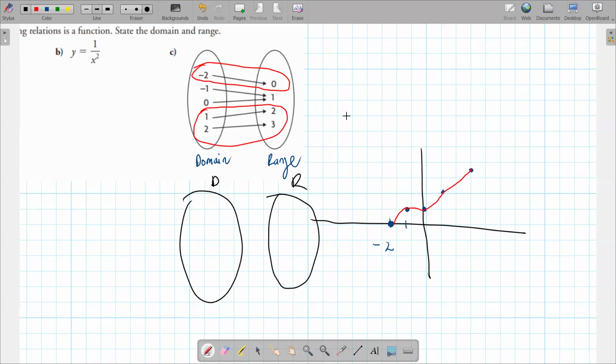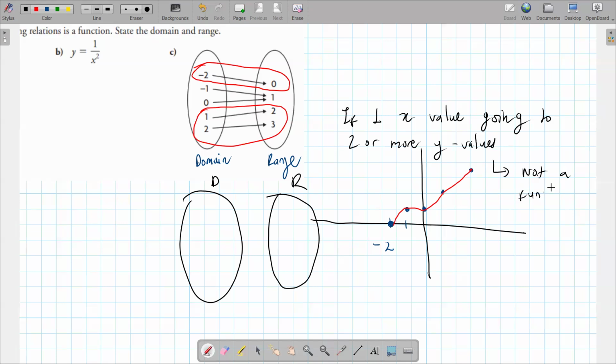And here's the rule. If you have one x value going to 2 or more y values, it is not a function. So what does that look like using arrows?